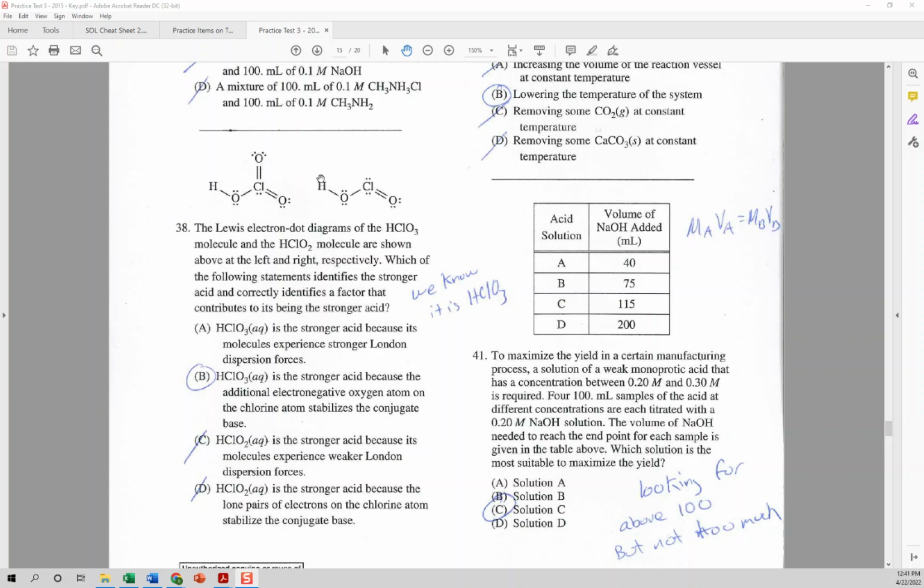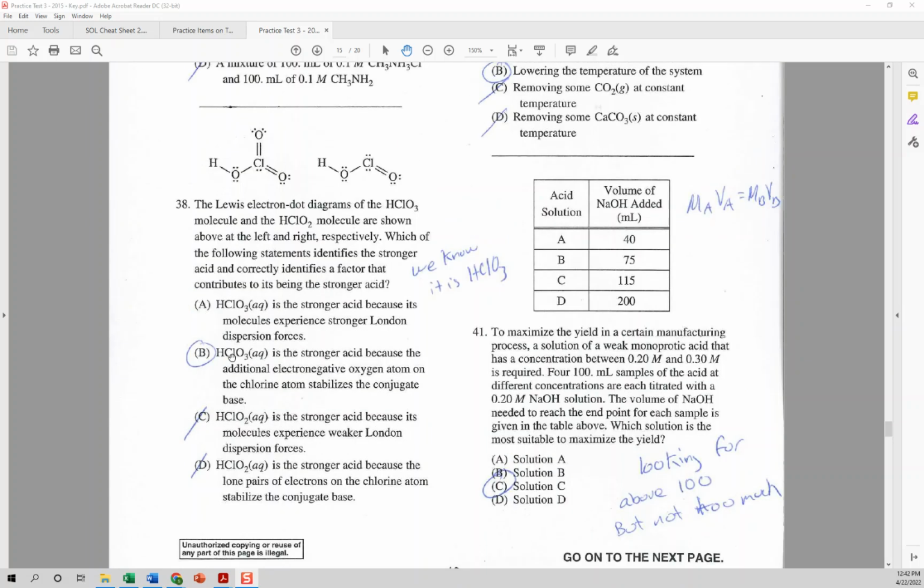So it's going to be a little bit tougher to remove that hydrogen than it is that hydrogen. But they're saying it's because it stabilizes the conjugate base, and I guess that's an answer, but the majority of times they ask why this polyatomic ion acid is stronger than that one, it's because it has more oxygens, and because of the greater electronegativity pull on the bond. So watch out for that. All right. So that's B there.